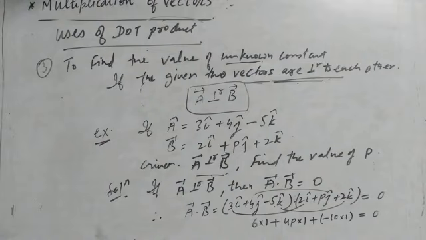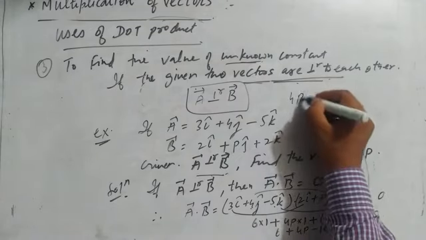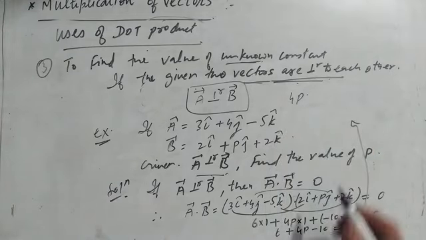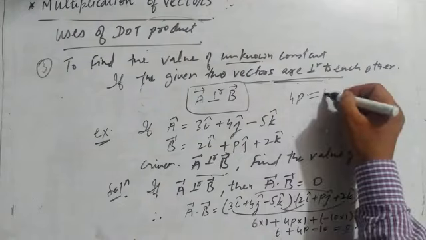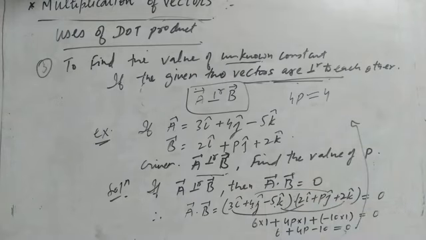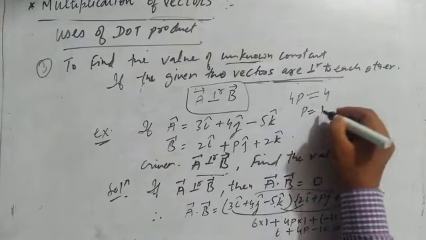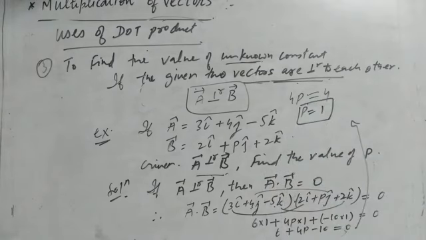So this becomes 6 plus 4p minus 10 equal to 0, or we can easily calculate 4p equal to 10 minus 6, which becomes 4. So p comes out to be 1. So the value of p comes out to be 1.